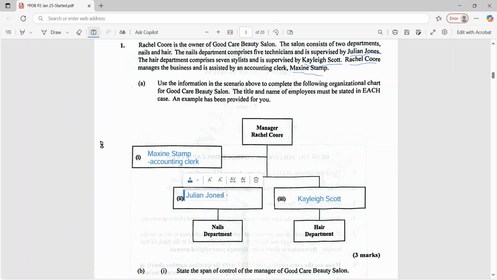So Julian Jones, nail department supervisor. And then we have Kaylee Scott, who is the hair department supervisor. So that was an easy 3 marks.